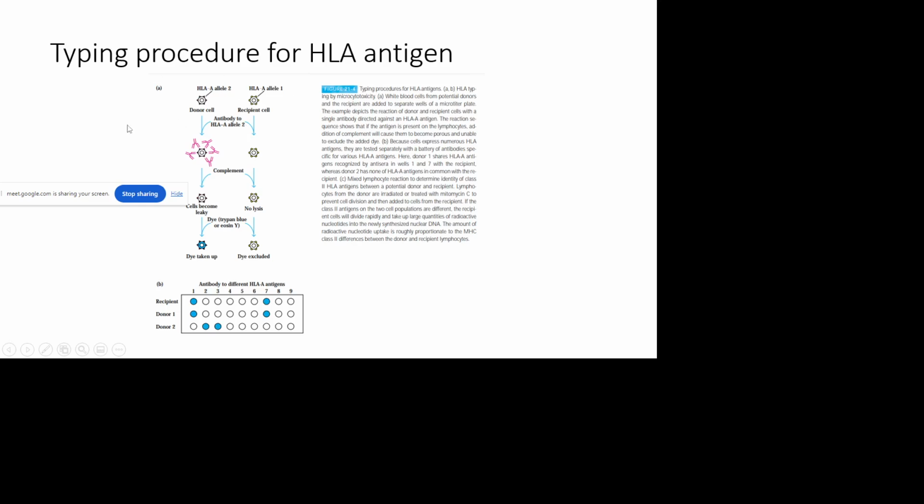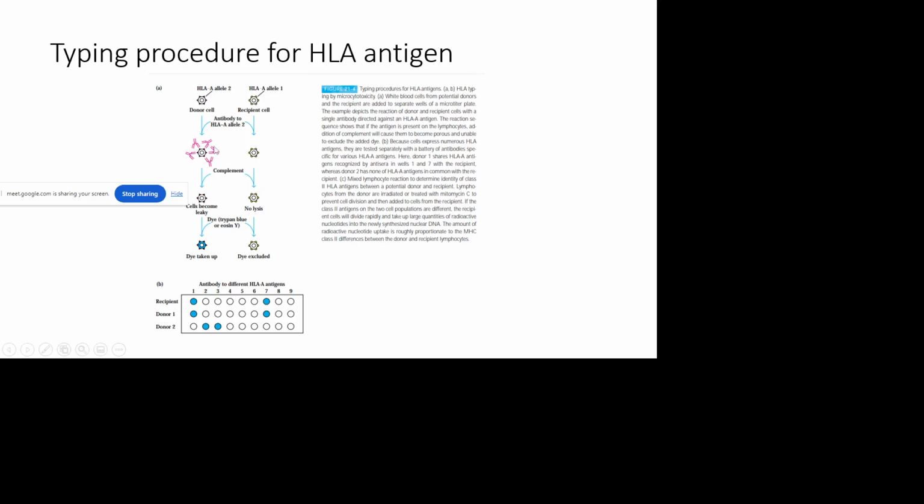So how will you do that? Suppose the donor has HLA A allele 2 and the recipient has HLA A allele 1. Now we will add the antibody for HLA allele 2. As the donor has HLA allele 2, upon addition of the antibody against HLA A, you will then add the complement system. So the first step is the antibody addition.